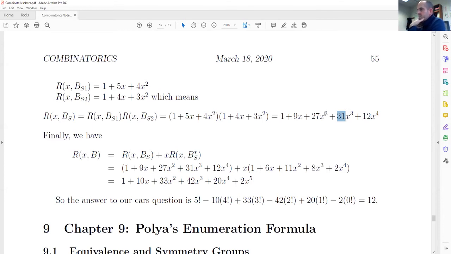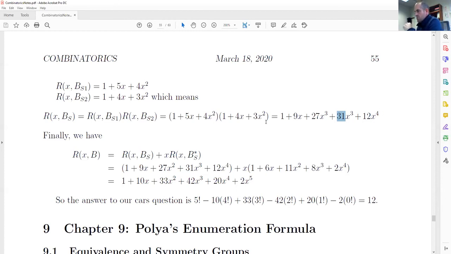And how many ways are there to place 2 rooks? This should be a 2. How many ways are there to place 2 rooks? Well, it's going to be 3x squared plus 20x squared, which is 23x squared, plus 4x squared, which is 27x squared, which is what that is. And finally, how many ways to place 4 rooks?